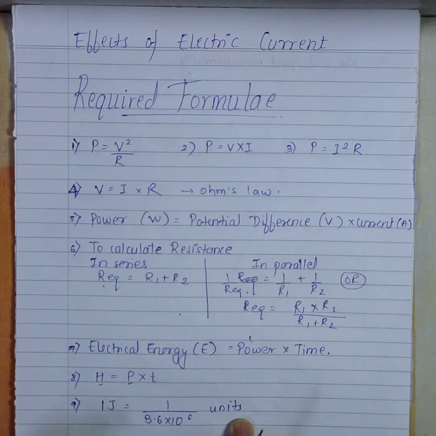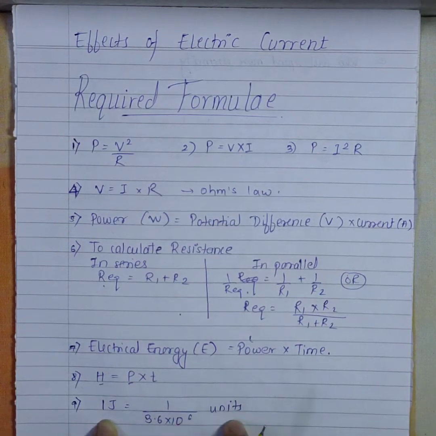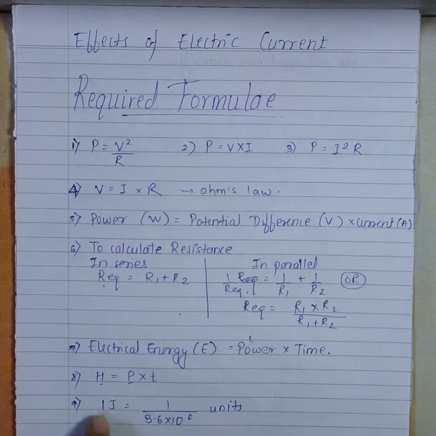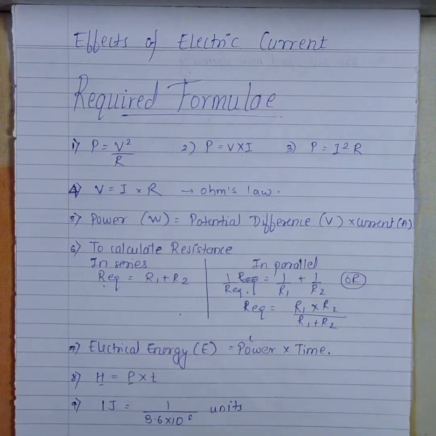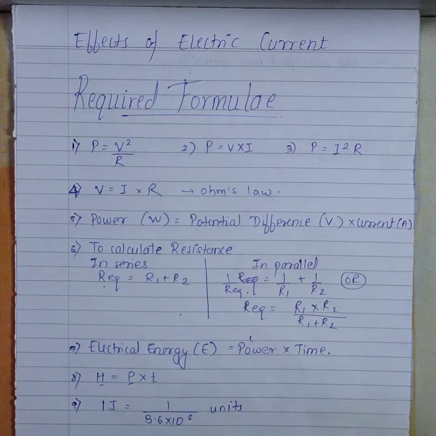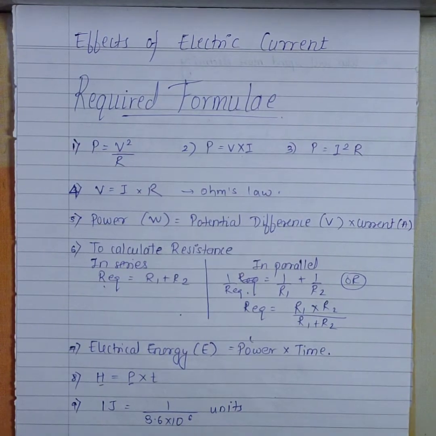What is given in your household electrical bills is in units. So to convert your energy from joules to units, this is the particular conversion, where 1 joule is equal to 1 by 3.6 into 10 raised to 6 units. So these are the only 9 formulae that you need to remember so as to solve any numerical which is given in your textbook.